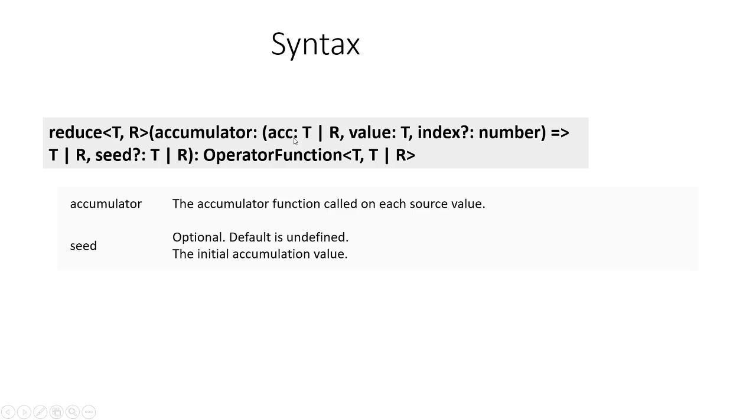First is the accumulator type, and second argument is the value which is coming from the observable. Okay, and at the end this result type can be the value type, meaning T, or any other type. We will see an example of this type.